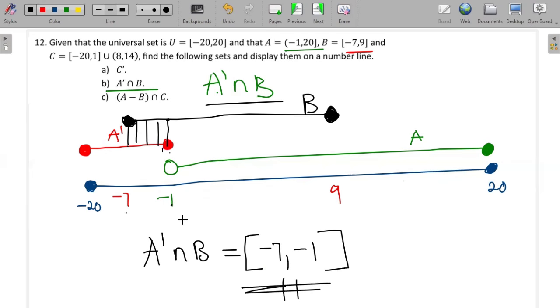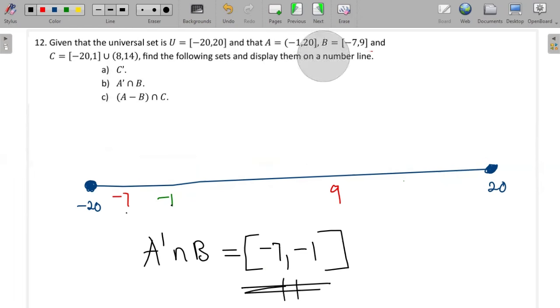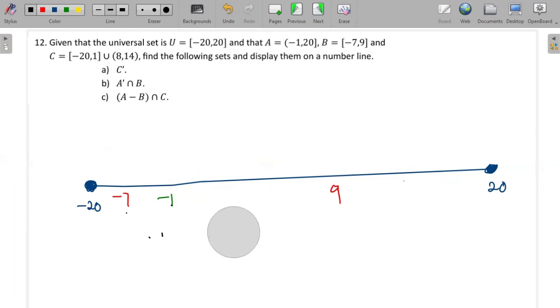Okay, if there are no questions, let's look at C. I hope you have ideas now on how to go about these things. C involves the three sets. I said whenever I see A minus B, or any set minus any set, it's the same as A intersection the complement.